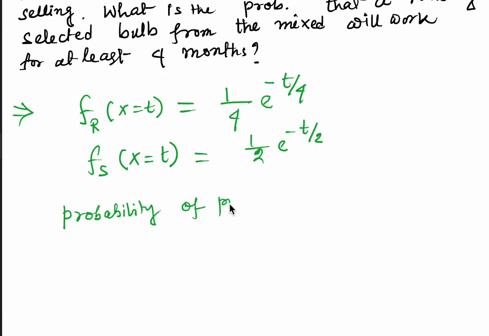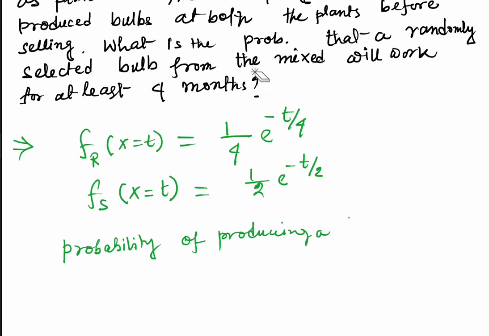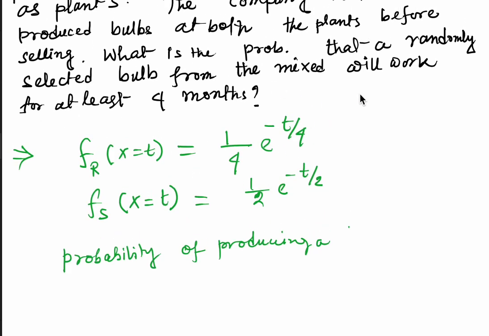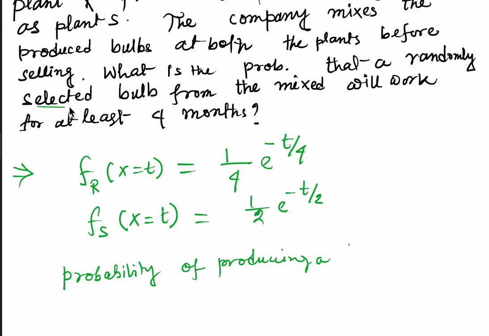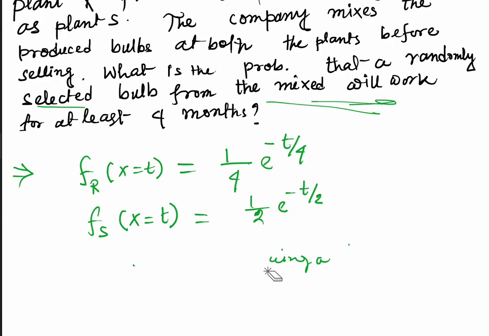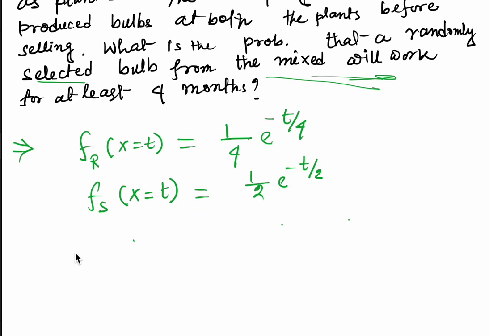What is the probability that if I select a bulb from this mixed collection, that bulb is from the plant S? So that probability, suppose it is x.